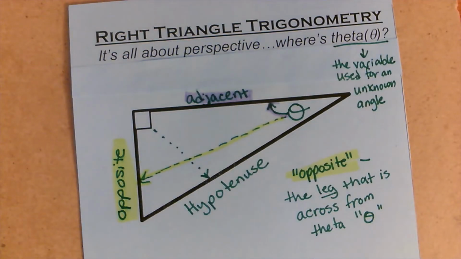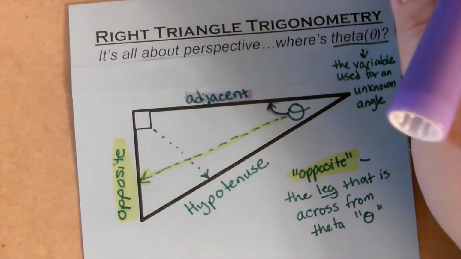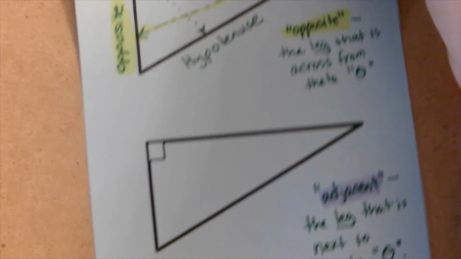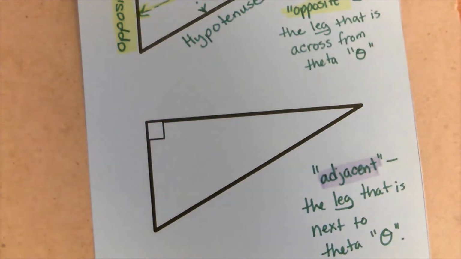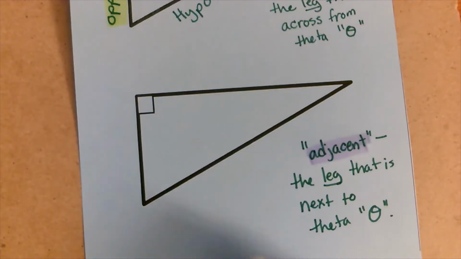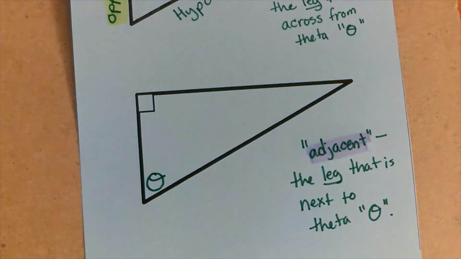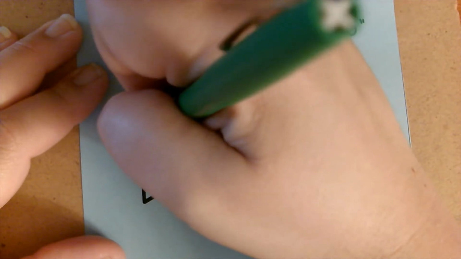We look at the second triangle, because notice I put another triangle at the bottom here. I'm going to put theta in a different spot, and we're going to label our triangle based on that spot. If I put theta in the other acute angle, down here, now I want to label my sides in reference to that angle. Opposite the right angle is always the hypotenuse.